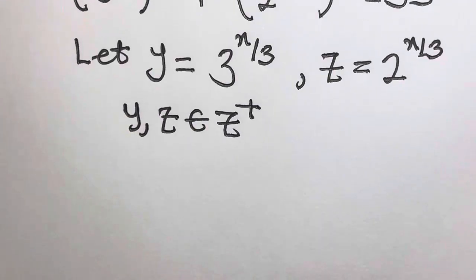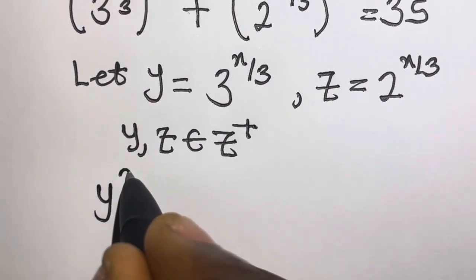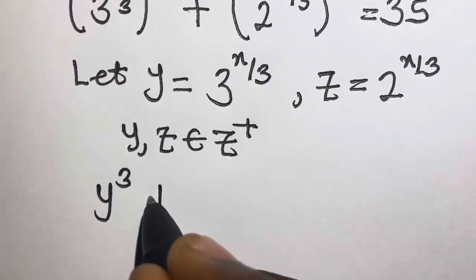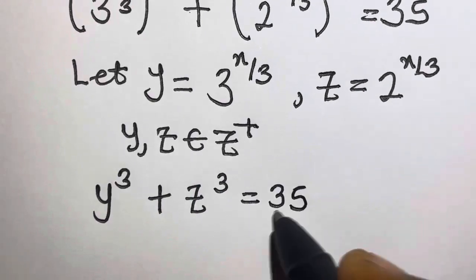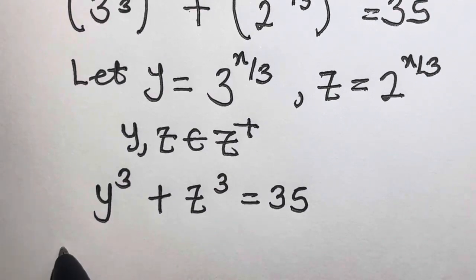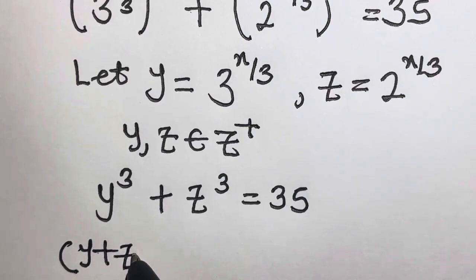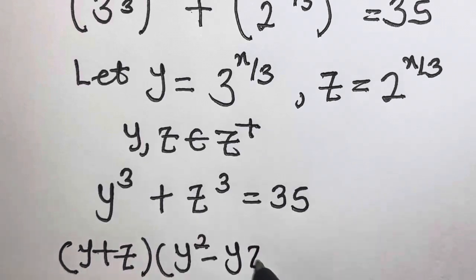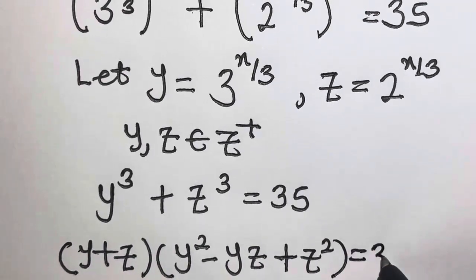We will have y raised to power 3 plus z raised to power 3 equals 35. So we have y plus z, then multiplied by y square minus yz plus z square equals 35.